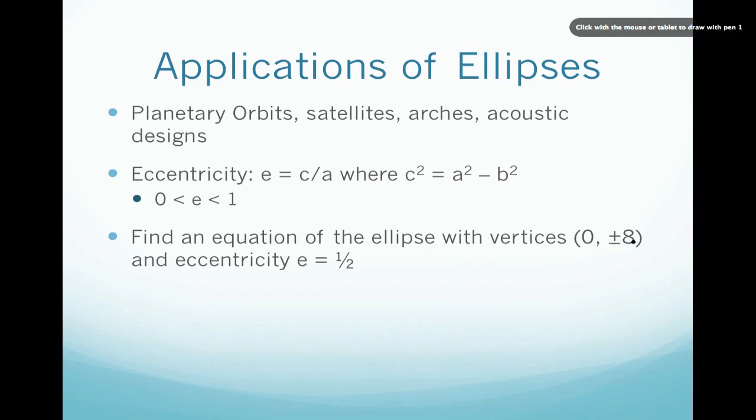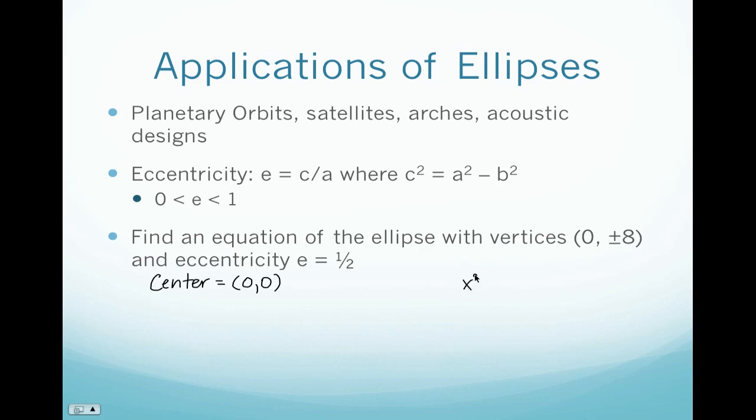The midpoint of this would be 0. You could also use the midpoint formula if you wanted to, but you don't have to. So our center is (0, 0). And we know that our major axis is going to be on a vertical axis because it's our y-coordinate that's changing.